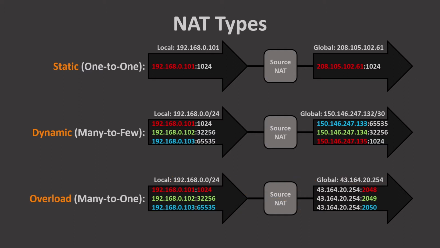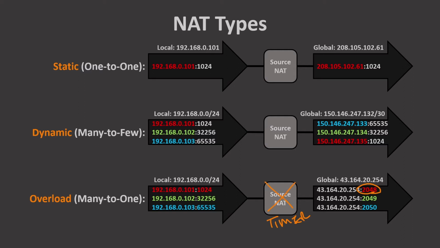So NAT Overload shares the same problem with dynamic NAT, where the timer is watching the activity of the local host, and if that timer is reached, then the port translations can be cleared out and surrendered back into the available pool of ports.